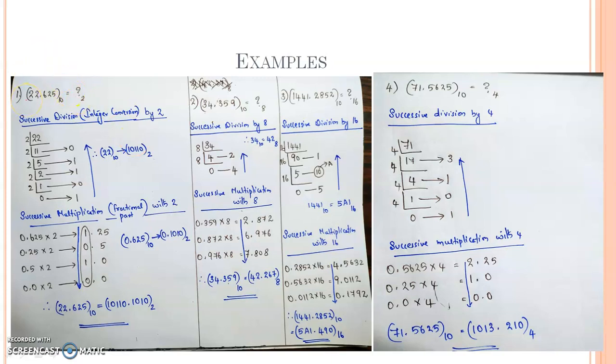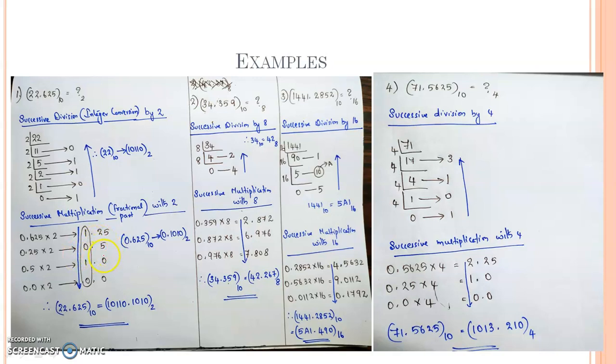Now we need to calculate how 0.625 is converted into binary. There you have to perform successive multiplication with base 2. So let's see. Here 0.625 into 2 will give you 1.25. So you have to keep 1 there and then take the 0.25 part. 0.25 into 2 will yield you 0.5.